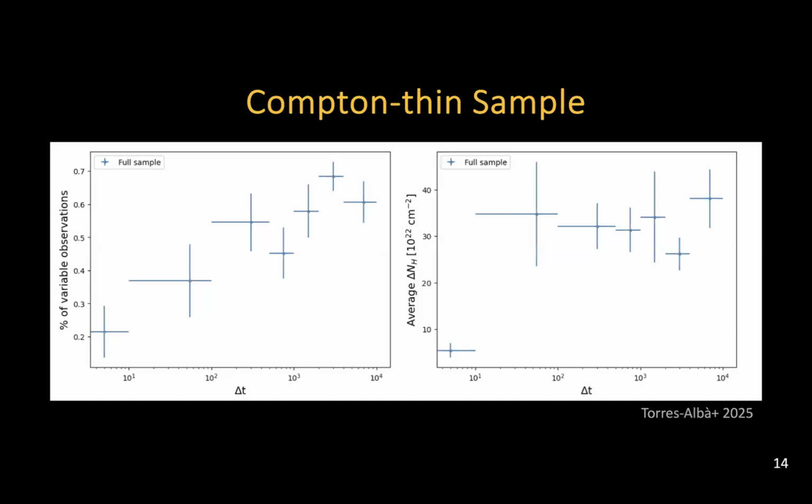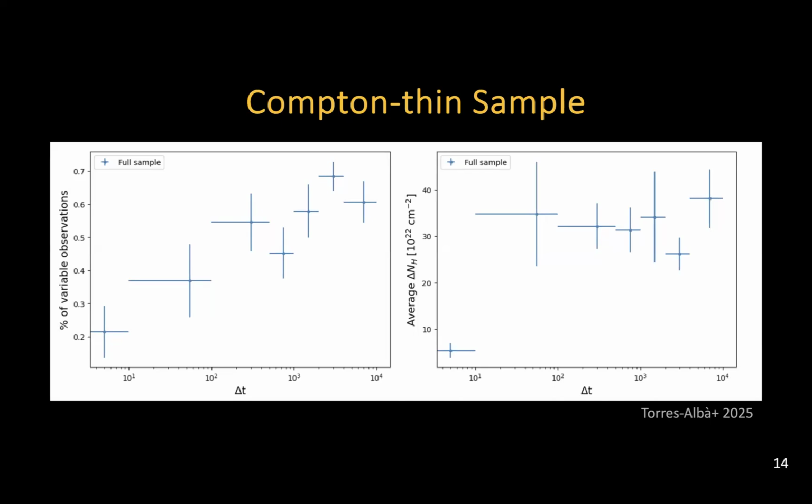And so finally, one of the most interesting results, I would say, is the general behavior of the sample. So here, this is the probability of 2 observations of the same source having different obscuration as a function of the time separation between these 2 observations. And you see that there's a very strong dependence with the time difference between observations.